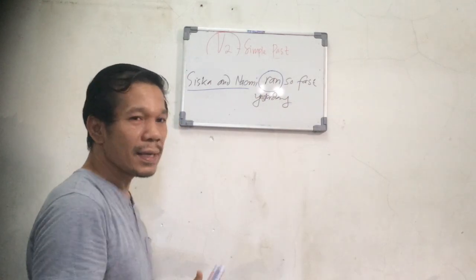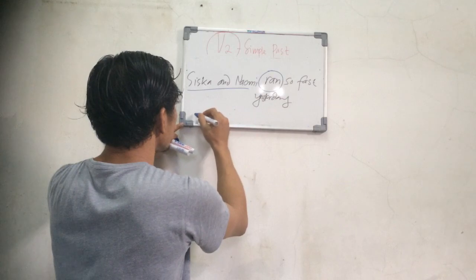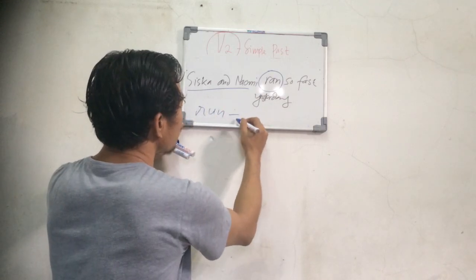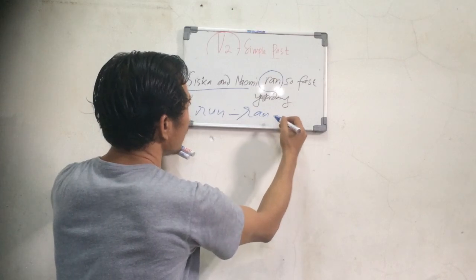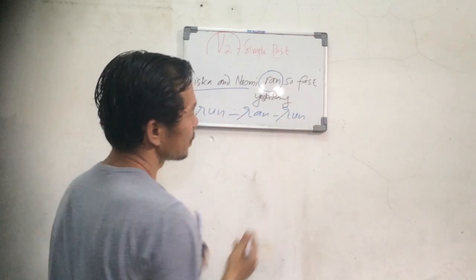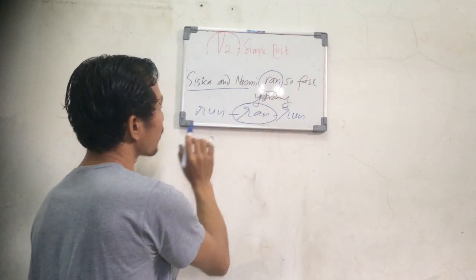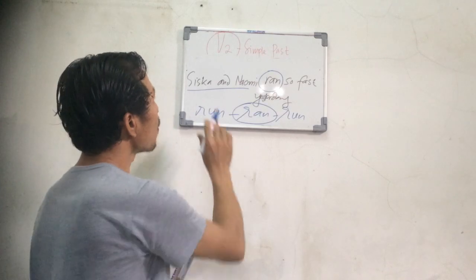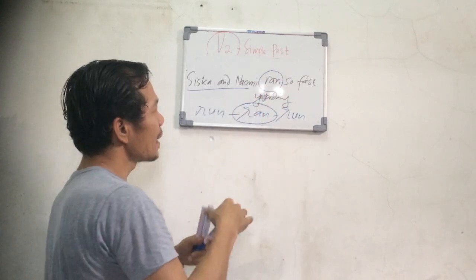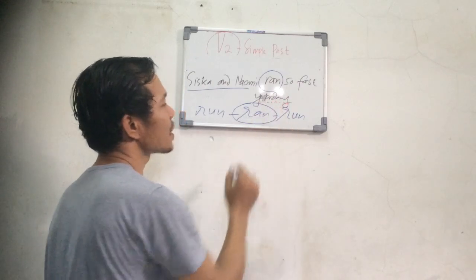Ran derives from the verb 1 run, the verb 2 ran, and the verb 3 run. So this is the verb 2 of the verb run. We use the verb 2 here because the specific time is yesterday. So this is the specific time.